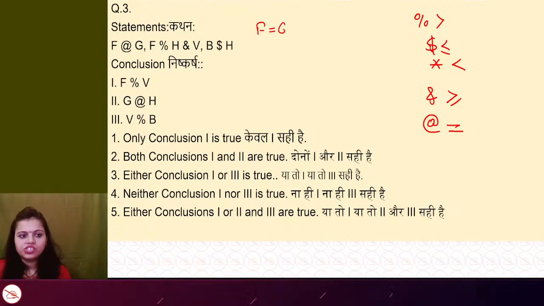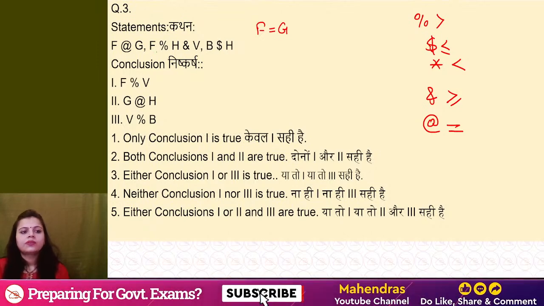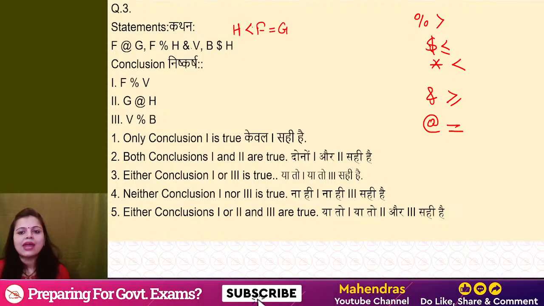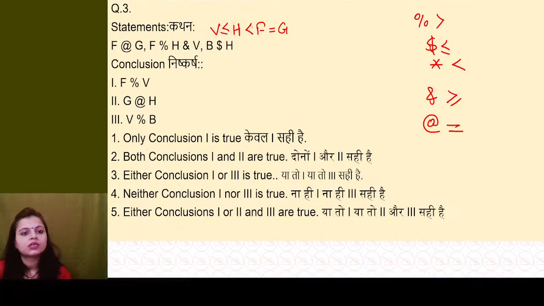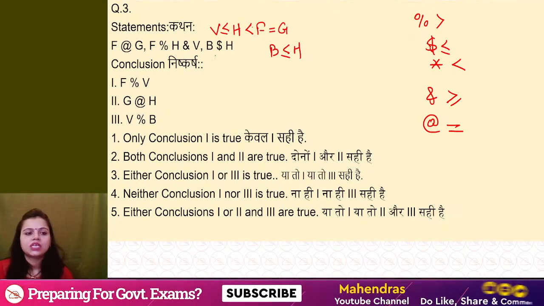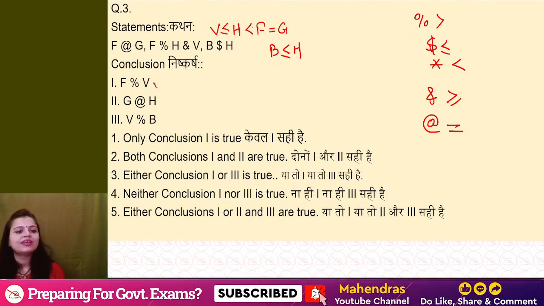Now, F equal to G. Then F percentage means F is greater than H. H and means H is greater equal to V. Dollar means less equal. B is less equal to H. Now the first one, F percentage means F is greater than V. Yeah, it's right.